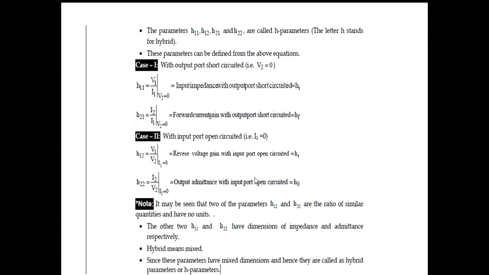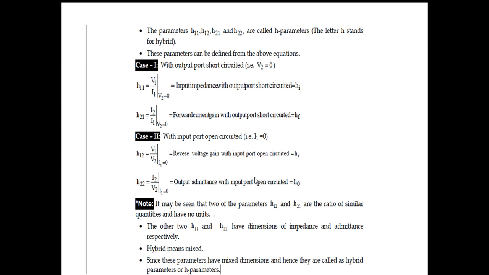From this, H11 is equal to V1 by I1. The ratio of V1 to I1, both input variables, is the ratio of input voltage to input current, which is the input resistance or simply the input impedance when the output port is short circuited.